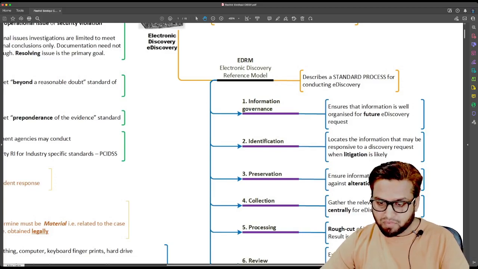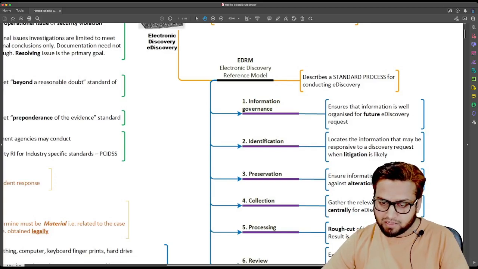So if my system is complying with e-discovery, it means that all the information which has a potential of being asked by law enforcement or judiciary is well organized, and the data can be exported or printed, or in some form taken to the court.